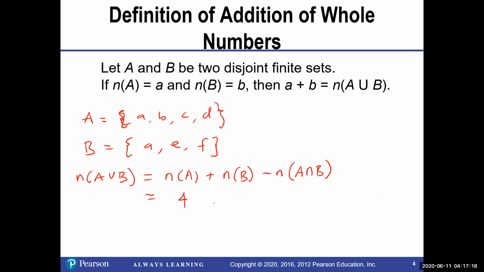I have 4. And the number of elements in B, I have 3. And what is the intersection? What is common to both? That's one element, right? So n of A intersection B is just my A, and that is 1. So here, my result is going to be what? 6.